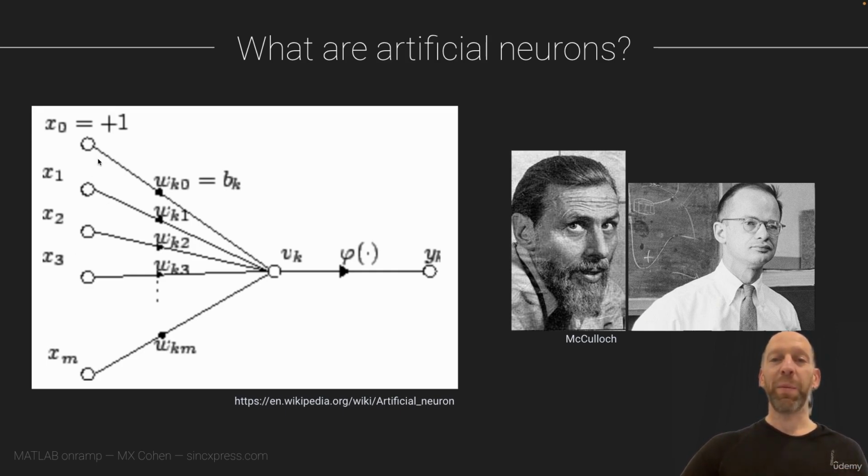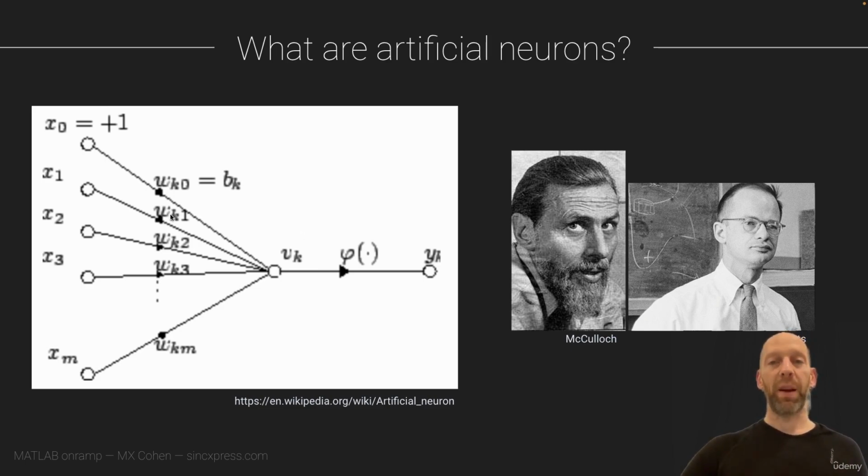Now, each of these input values is weighted so that some inputs are more important than others, and some can contribute negative numbers while others provide positive numbers. And if the sum over all of the weighted inputs exceeds some threshold value, then this unit will give an output, which is either a prediction about the world or it's an input into the next node in the network.